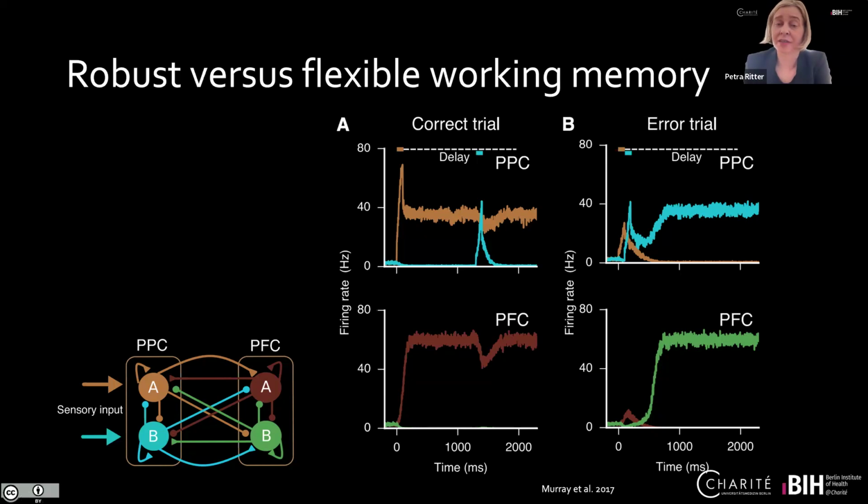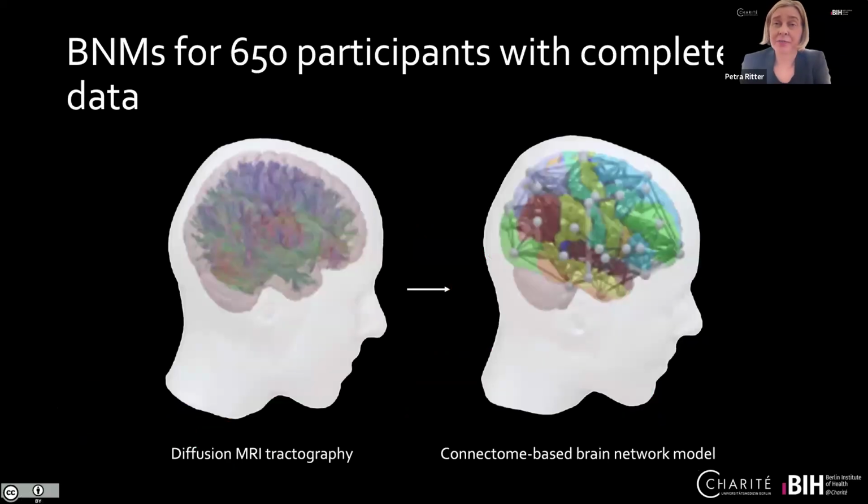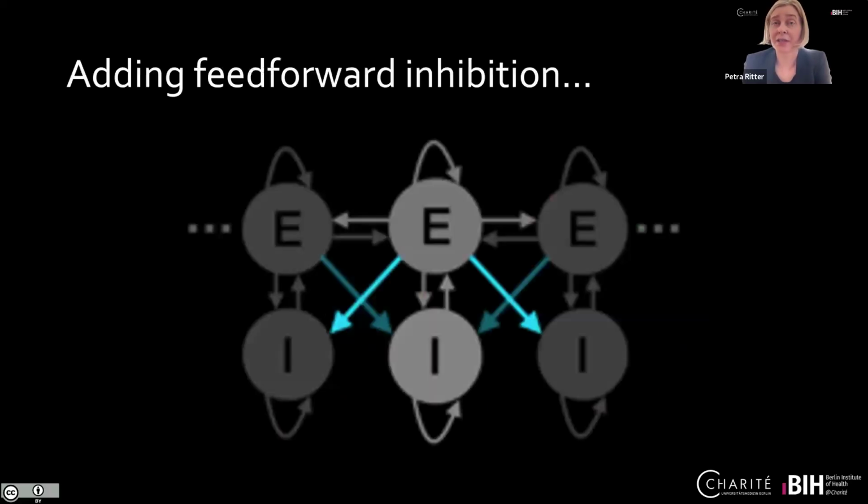So now, as mentioned before, we can plug this little circuit model into brain network models that are informed by the data of individual study participants. And we did this, but in this study we also did another innovation.